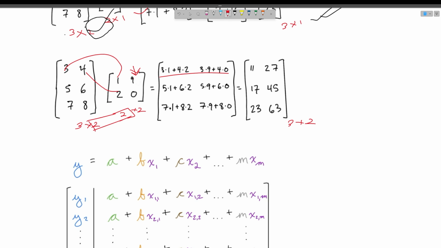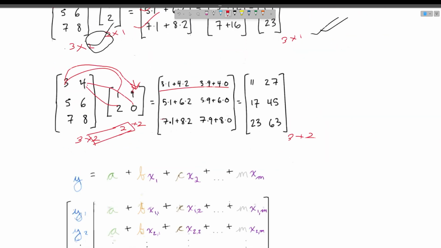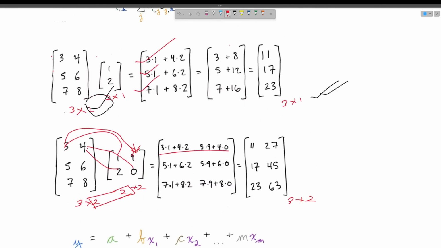Again, the process is 3 into 9, 4 into 0. If you look at the earlier one, we had 3 plus 8, right? This is the one, and we had this space, and then we had this one.